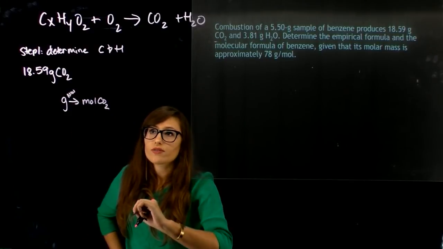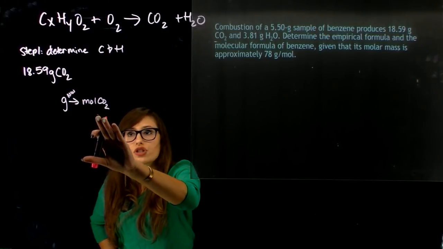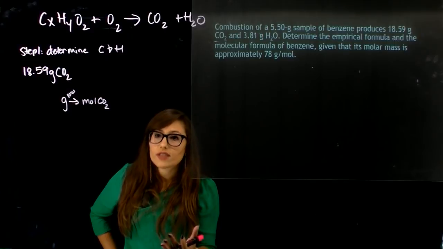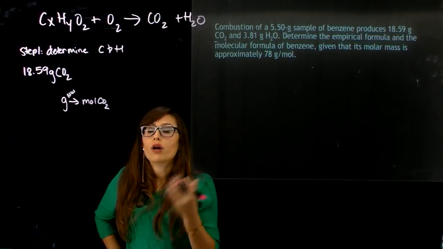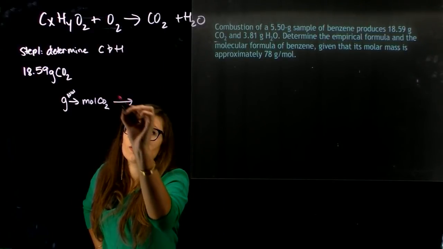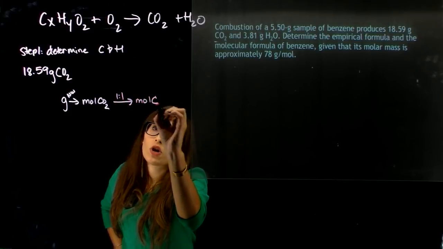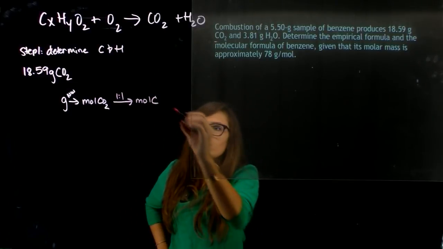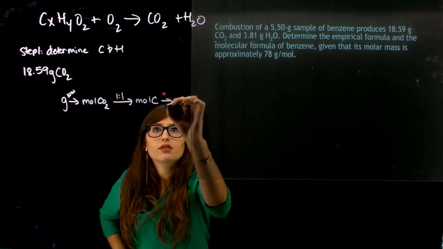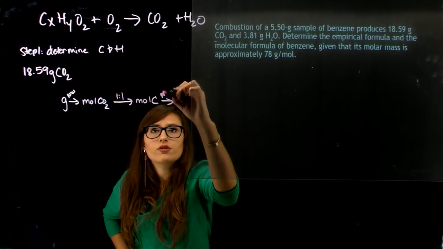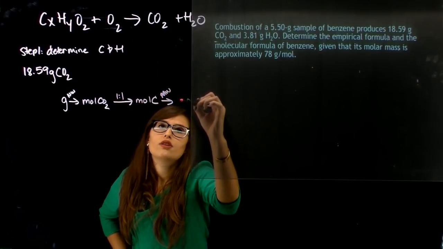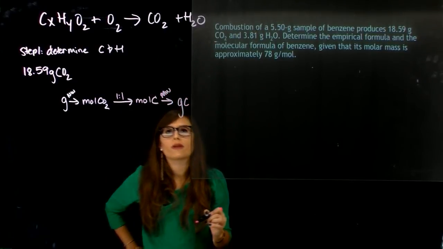Then, for every 1 mole of CO2, we have 1 mole of carbon, a 1-to-1 ratio. But we want grams of carbon, so we use the molecular weight again.